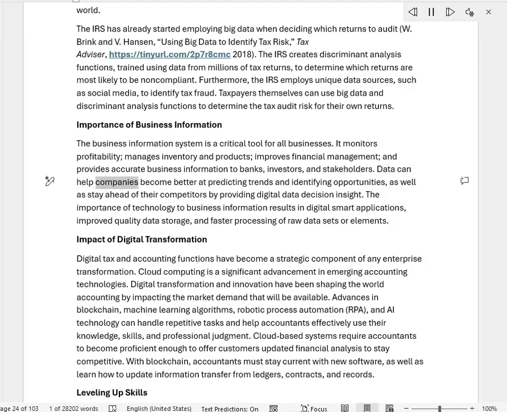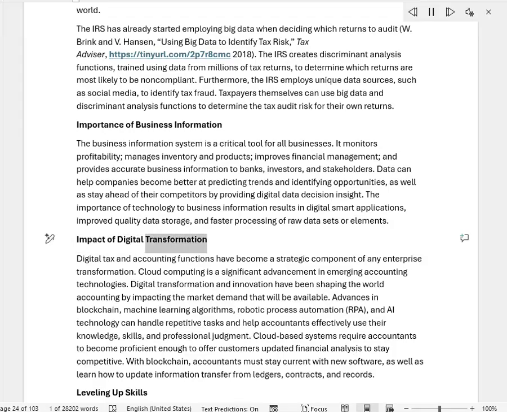Data can help companies become better at predicting trends and identifying opportunities, as well as stay ahead of their competitors by providing digital data decision insight. The importance of technology to business information results in digital smart applications, improved quality data storage, and faster processing of raw data sets or elements.